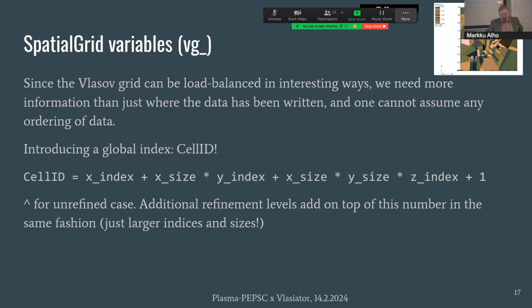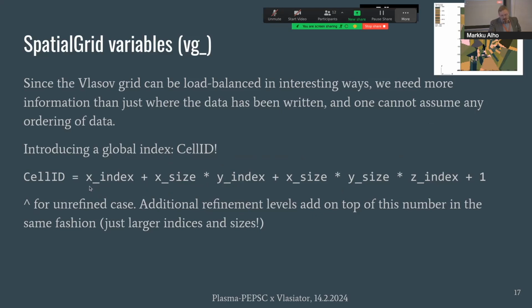Usually it is refined. So we have this cell ID tag, which is just an integer number, which can be calculated so that it is unique for each cell despite the refinement level. So one number will specify exactly where we are in this grid and at which refinement level.